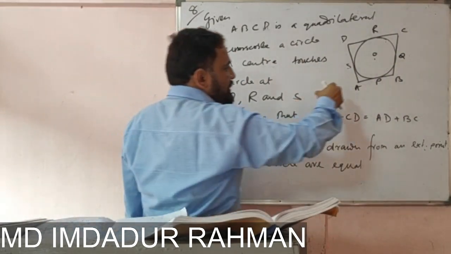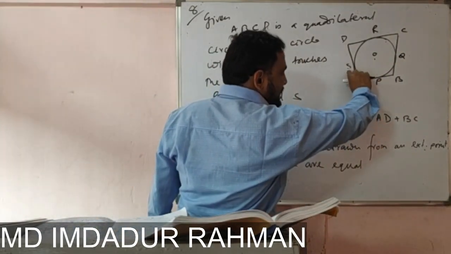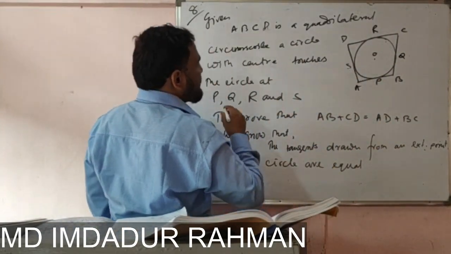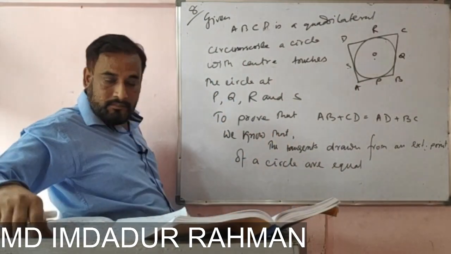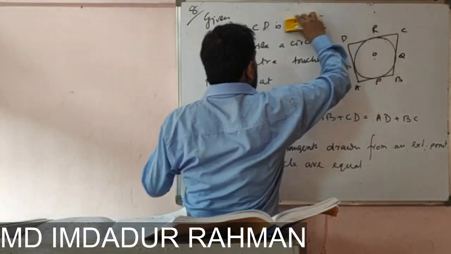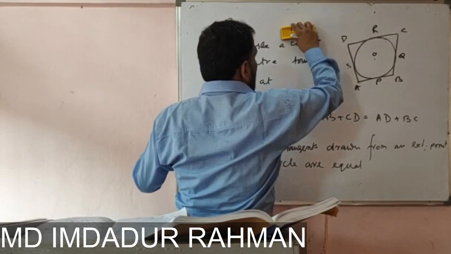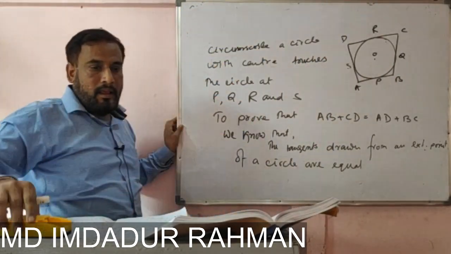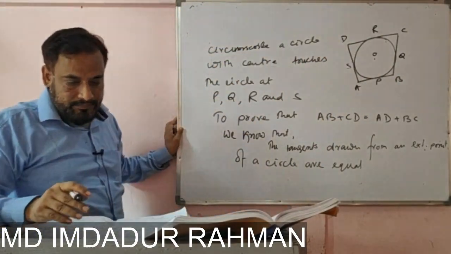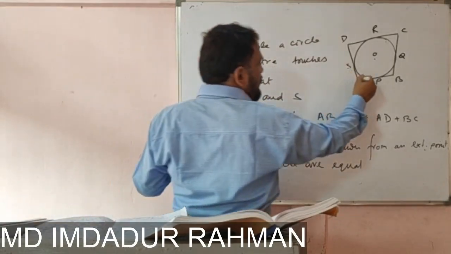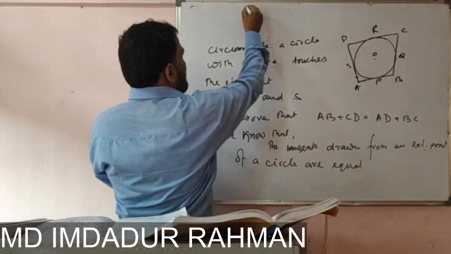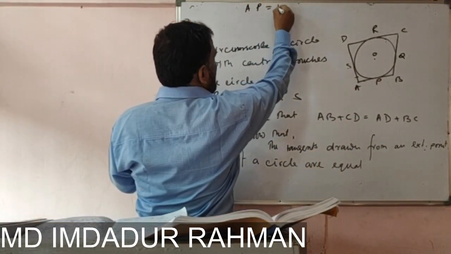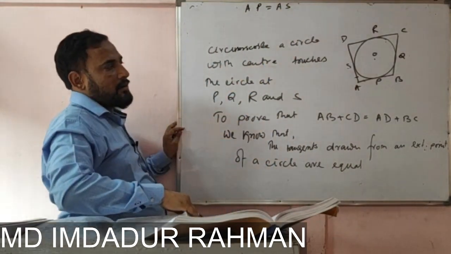So if we consider AP is a tangent and AS is a tangent, what can we say? AP is equal to AS.